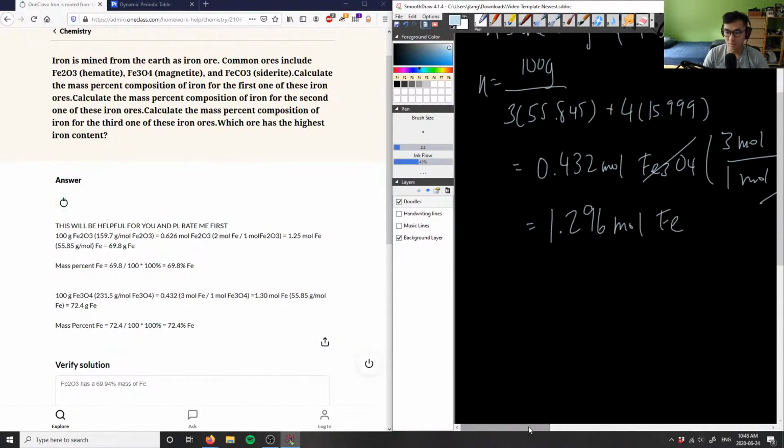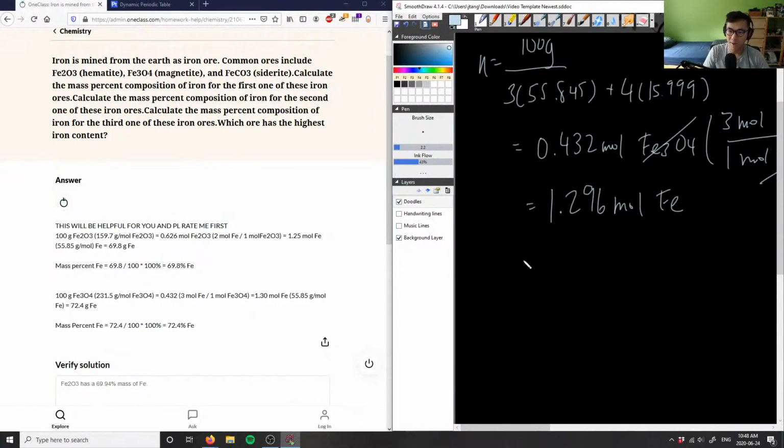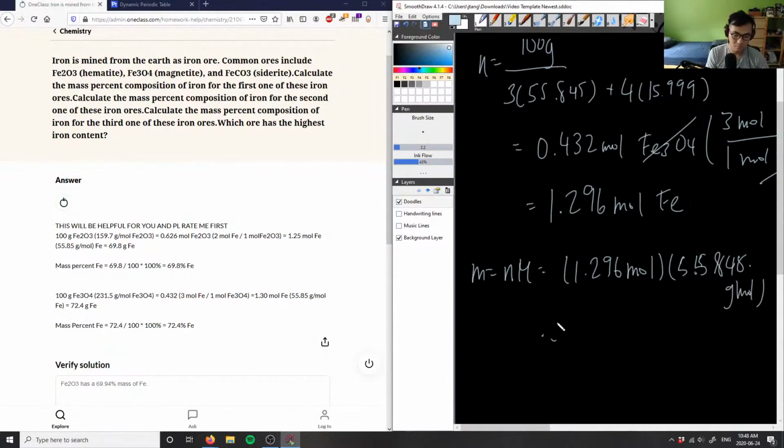And then what we can do is, again, convert this back into our mass, right? So we have, again, mass is equal to moles times molar mass. So we have 1.296 moles times 55.845 grams per mole. This is going to equal 72.35 or 0.360.